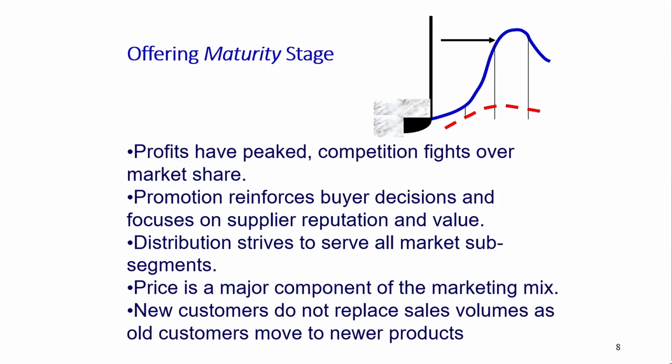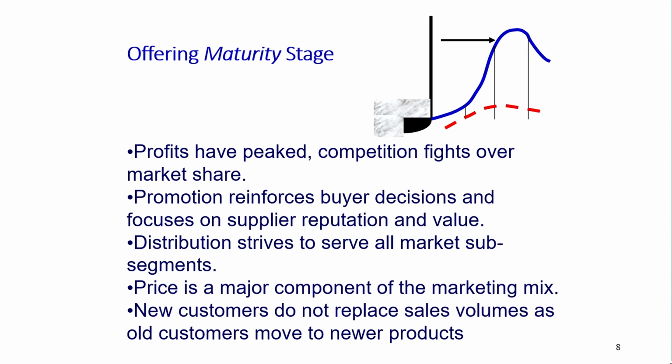Price is a major component of the marketing mix at this stage, because there will often be variable pricing based on new penetration objectives in the adjacent segments or relatively untapped segments.